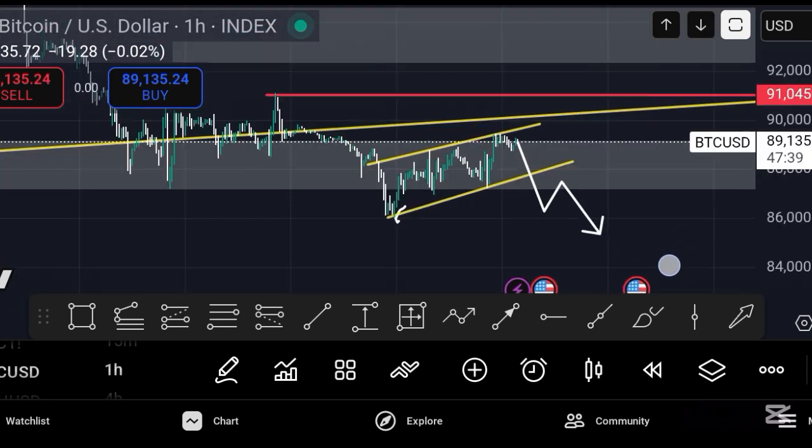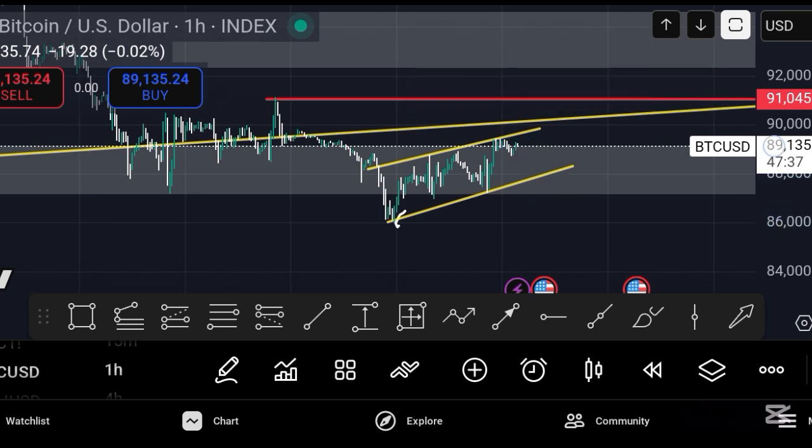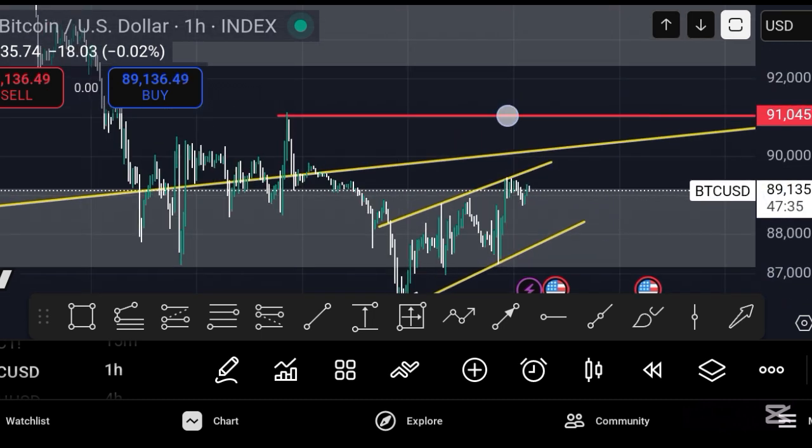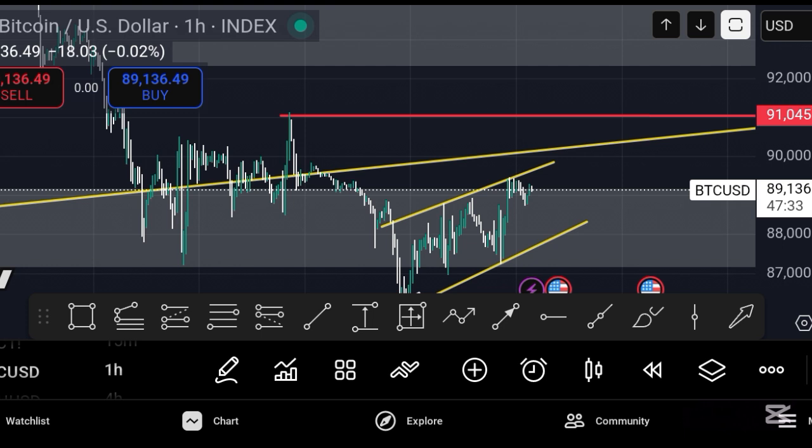So we don't want that. We just need a clear spike towards the upside, then a break above this resistance at $91,000.